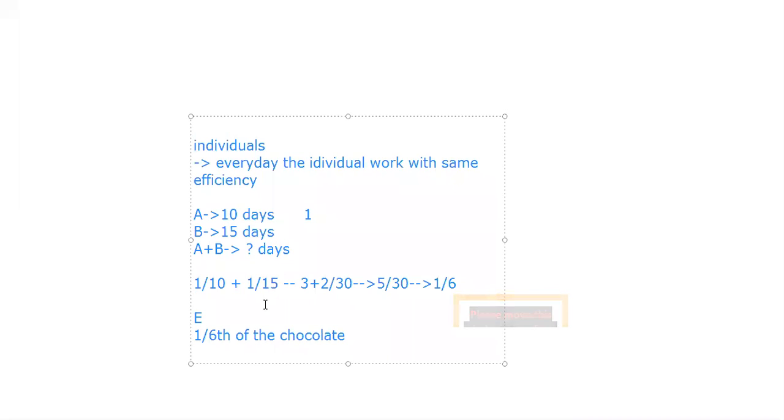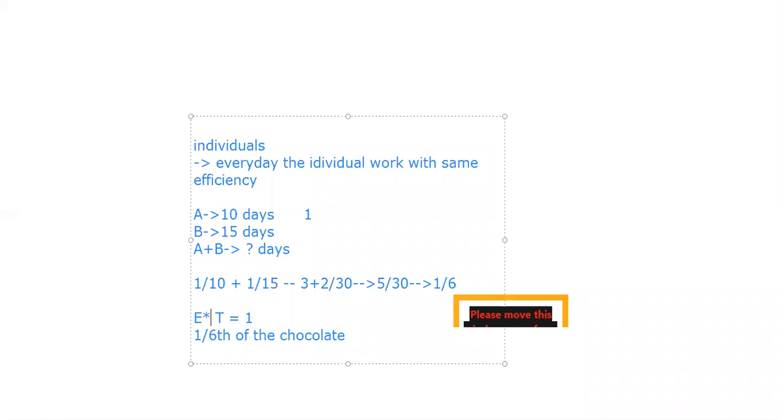1/6 of the chocolate they eat in a day. Efficiency into time we should do. Now, this should be equal to what? 1. Efficiency into time should be equal to 1 because we consider total work done here as 1.